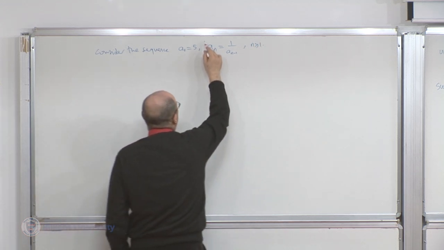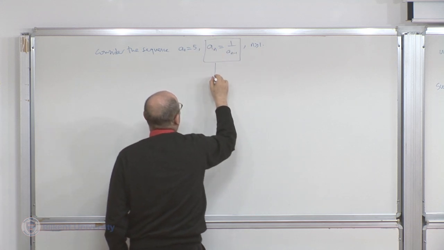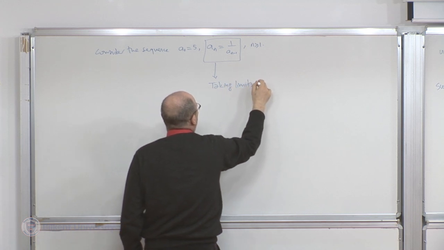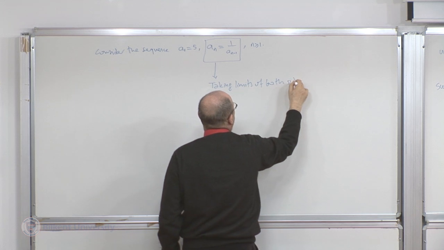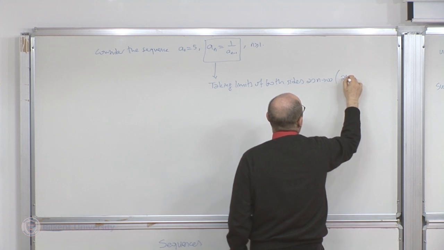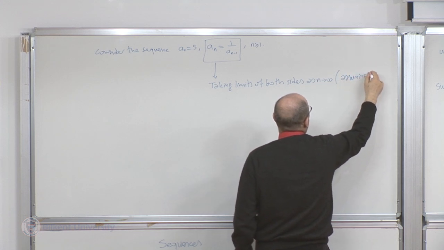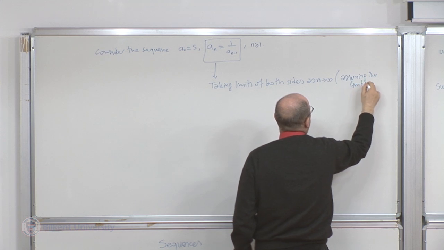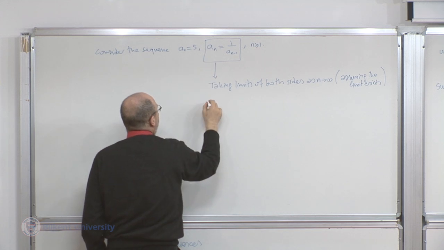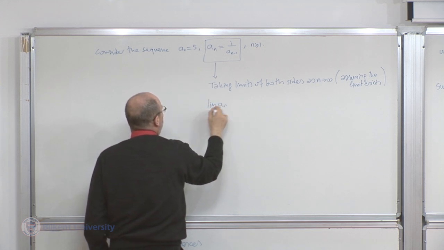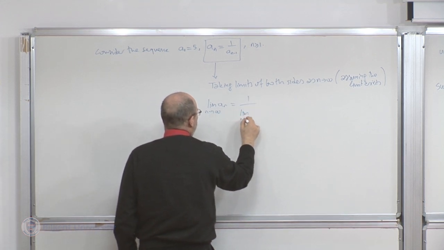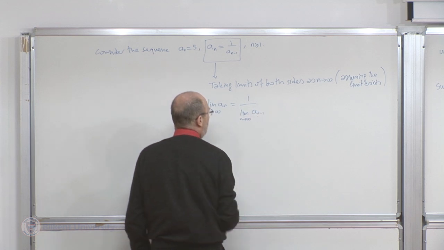Okay, now looking at this one, taking limits of both sides as n goes to infinity, and of course assuming the limit exists, we take the limit of a_n. Say the limit of a_n as n goes to infinity is equal to 1 over the limit as n goes to infinity of a_{n-1}.